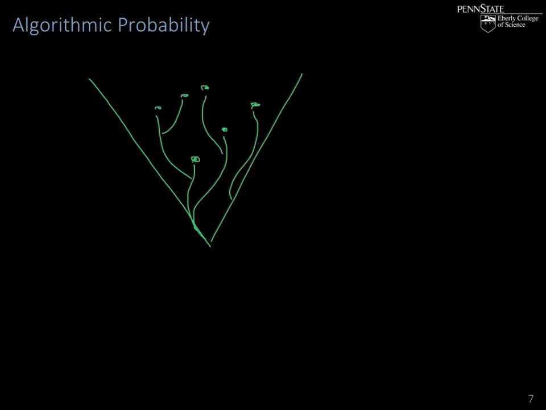And some of those strings here may compute the same string. Suppose this is P, suppose this is Q, but they both, when I input them into U prime, compute a string sigma.